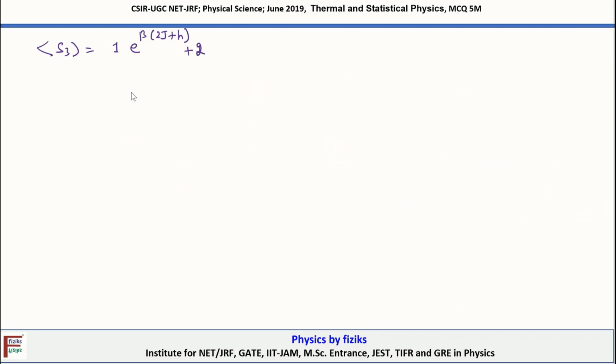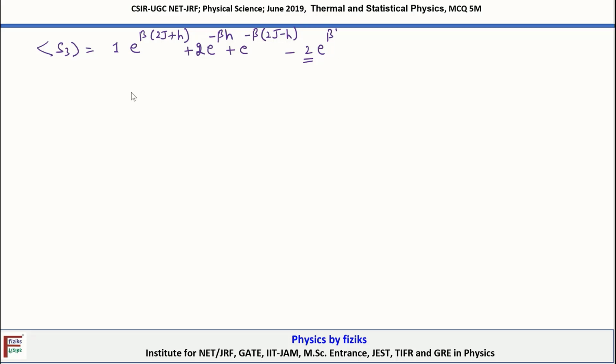That means it's a degeneracy factor basically, plus 2 exponential minus beta H. Okay, and then the next term exponential minus beta 2J minus H.